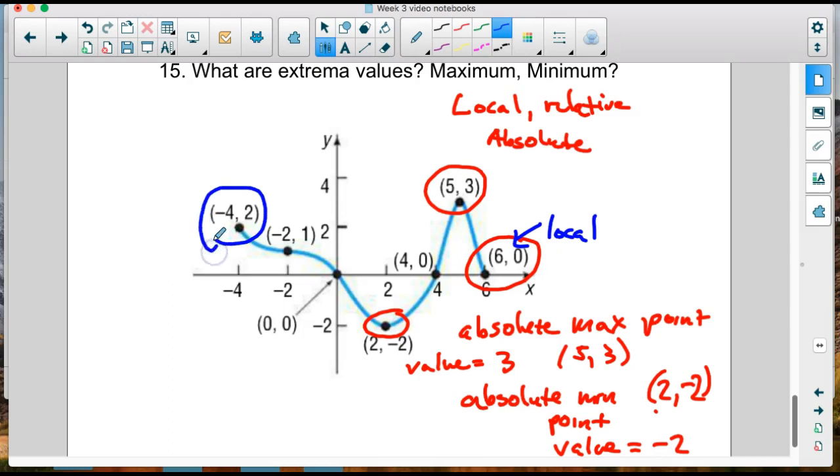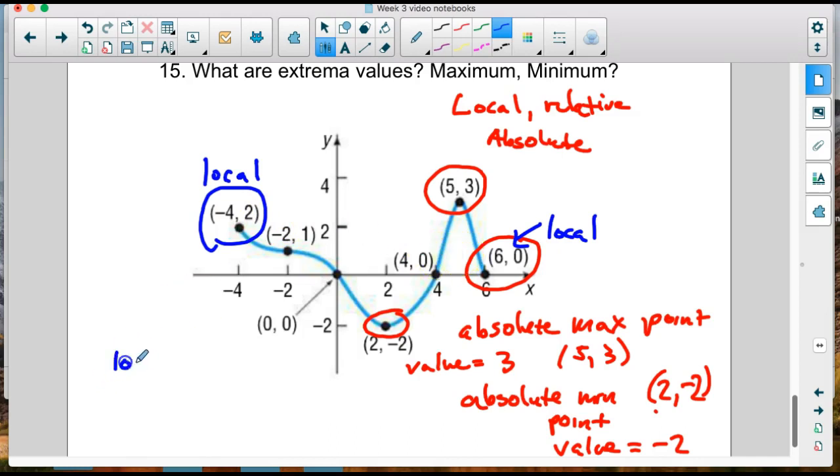If we travel along this, it goes back up here until it gets to this point. This point is a local maximum because it's not the highest point. 2 is not bigger than 3 here. But it's the highest point in its area. So we have 2 local points, one's a max and one's a min.